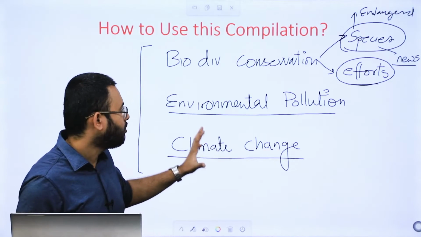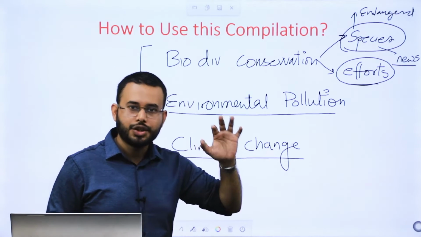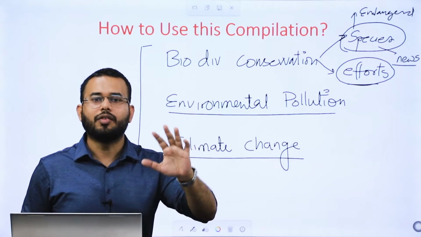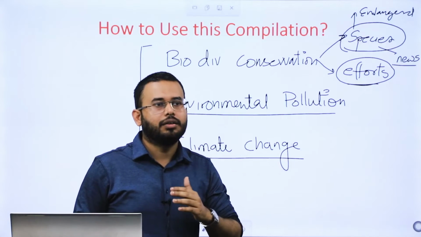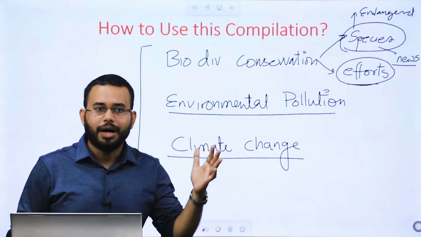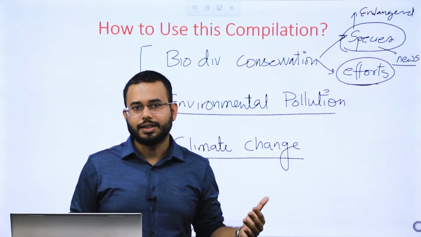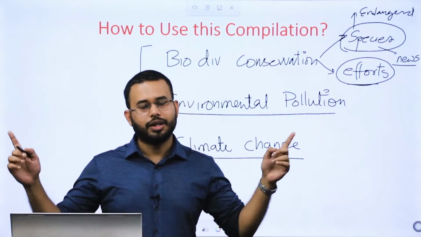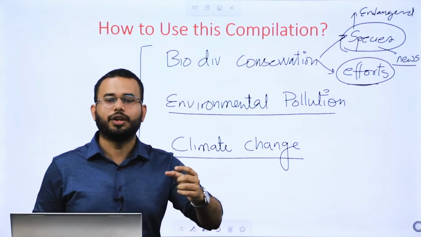So keeping these aspects in mind, we have ensured that all those pressing areas are covered in the document, right? The compilation. These compilations cannot be the replacement of your newspaper reading, but at this time when you are 2 months away from your examination, you need something which ensures horizontal covering as well as provides you certain depth of knowledge as well.